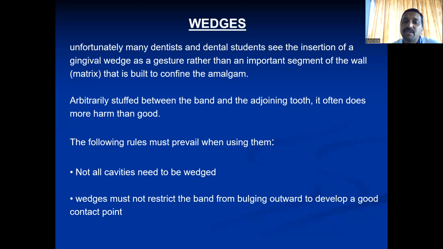Not all cavities need to be wedged. Usually, you place wedges if there is a gap between the gingival seat and the matrix band, or to retain or fix the matrix. Wedges must not restrict the band from bulging outward to develop a good contact point.